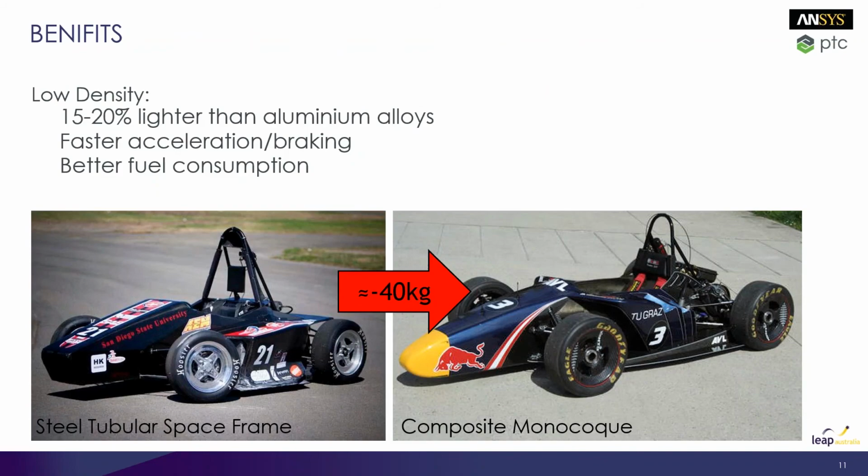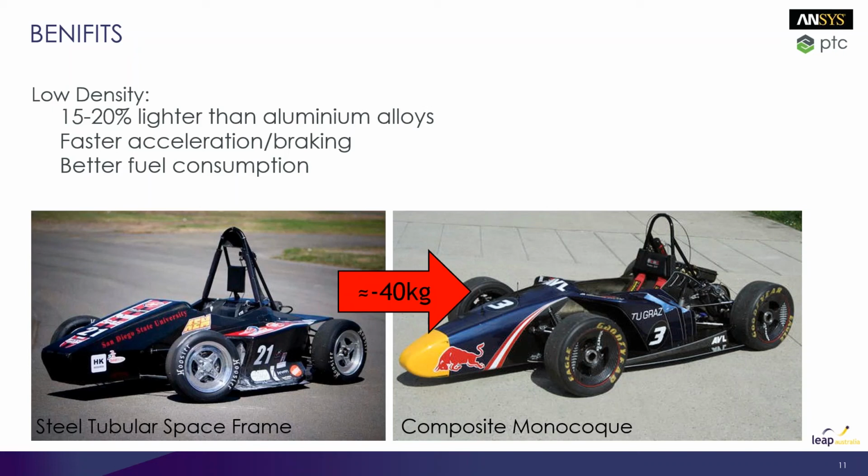So applications, let's talk about some of the benefits of why people are using these composite materials. One of the biggest things that you can see when we're looking at composites is they have an incredibly low density. So they're about 15 to 20% lighter than aluminium. That's actually about 3 times less than steel.